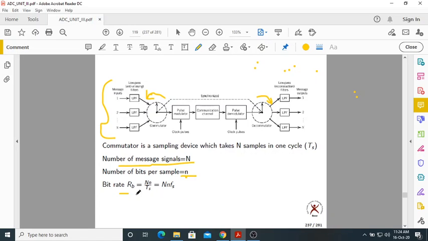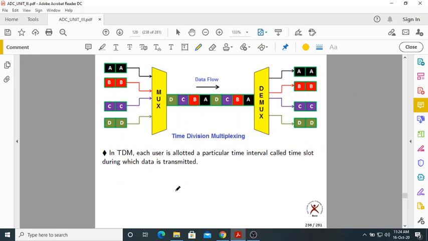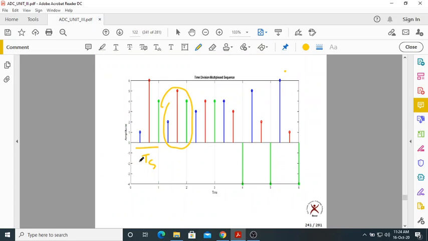Now what would the bit rate be? It is N into n by Ts, otherwise N into n into fs. What do you mean by this? Let me take this example. In Ts seconds, we are transmitting 3 samples, because here capital N equals 3.